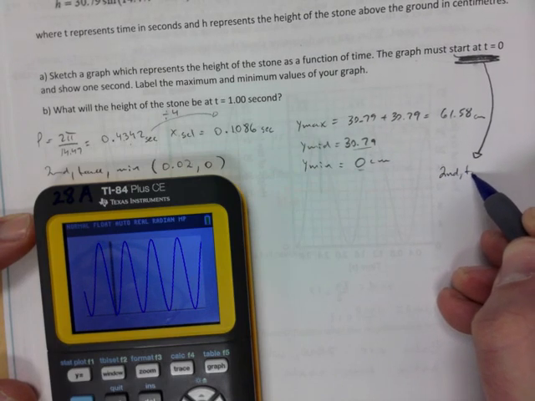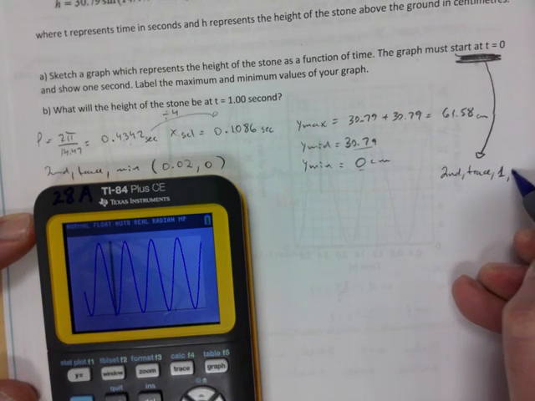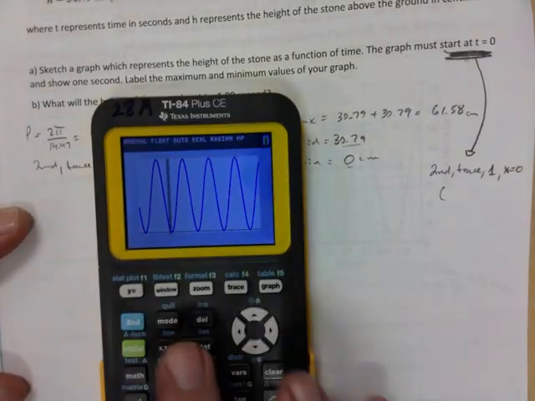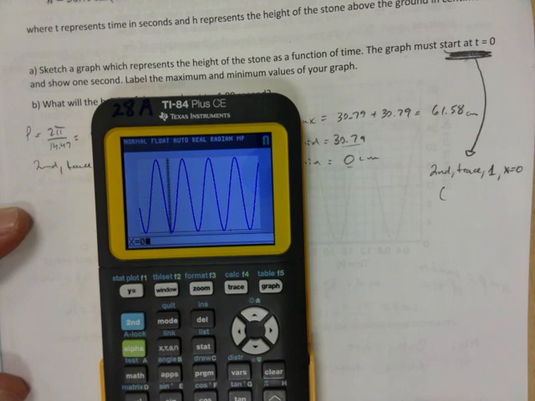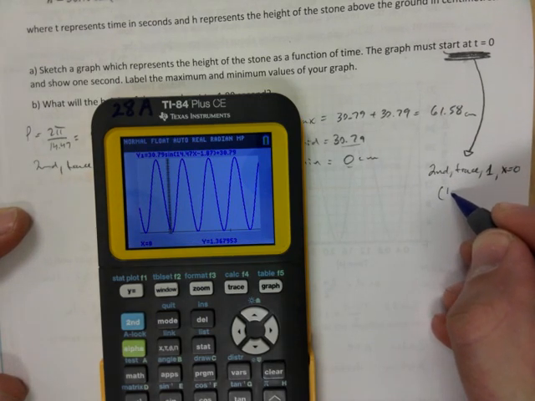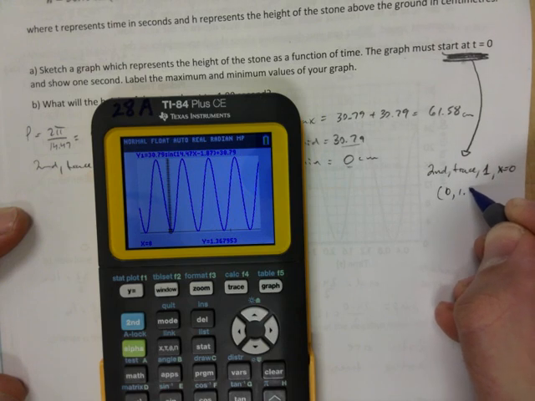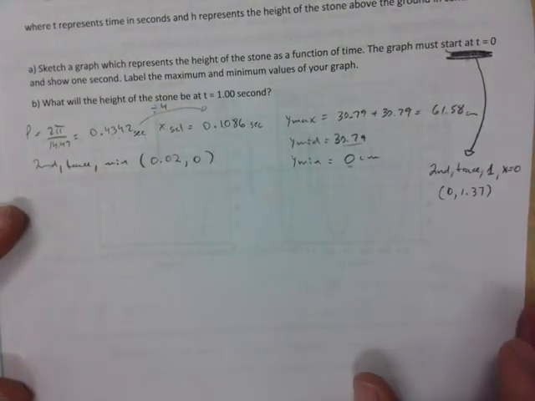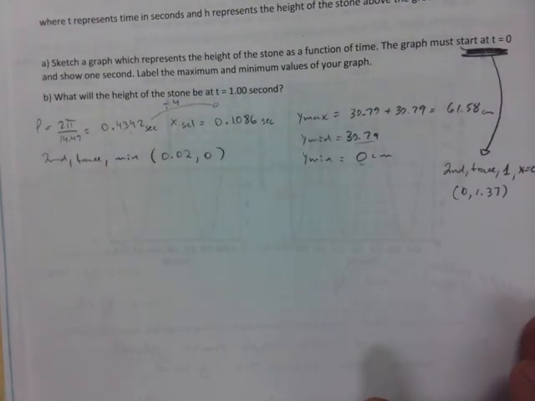So second trace 1, x is equal to 0, and we're just going to make sure we include that, right? You need to understand that everything is connected that we're doing. And so don't be scared of some extra things that are thrown in there, okay?